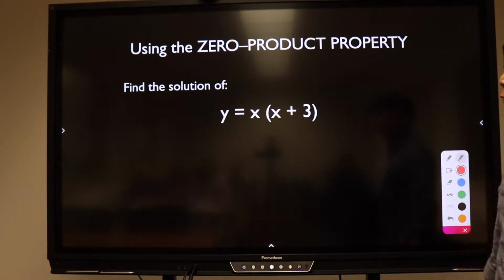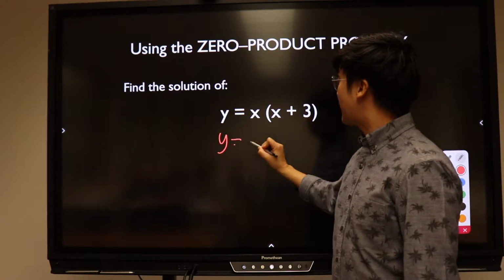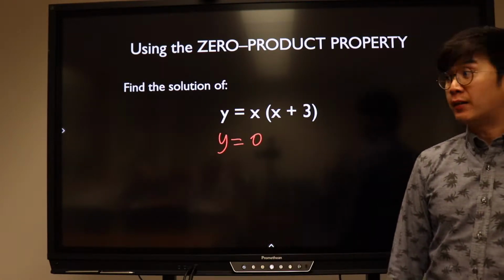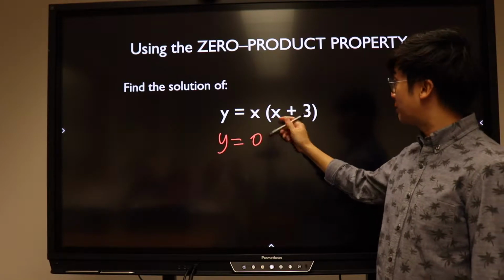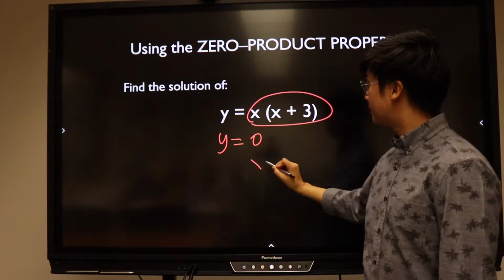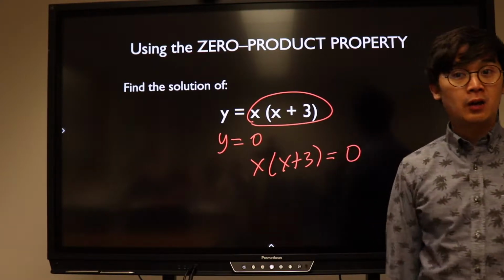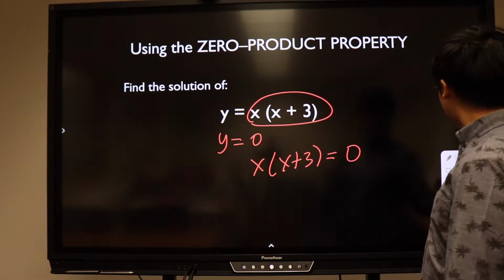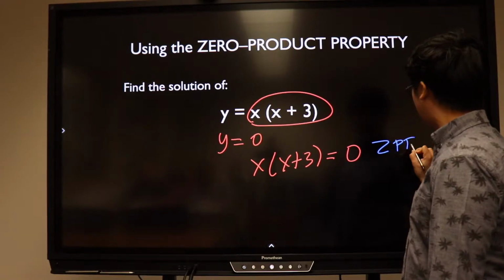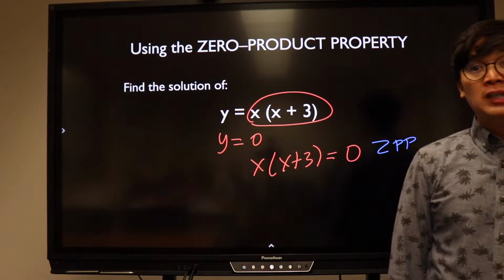According to the zero product property, if we equate y equal to 0, we'll be able to solve this using ZPP. And what does ZPP mean?